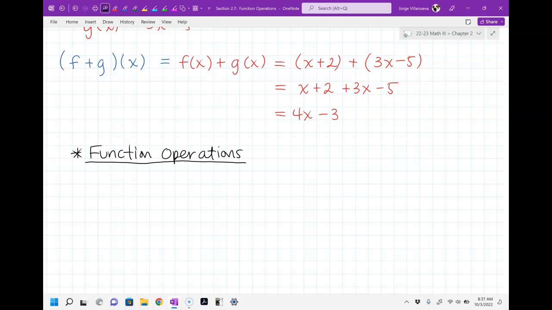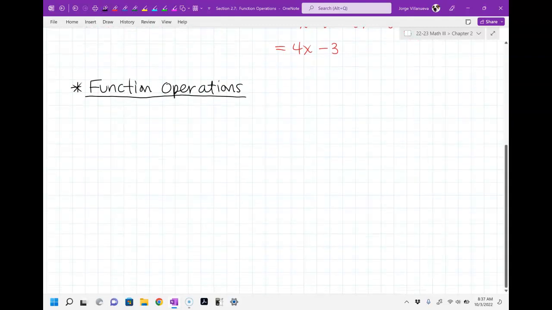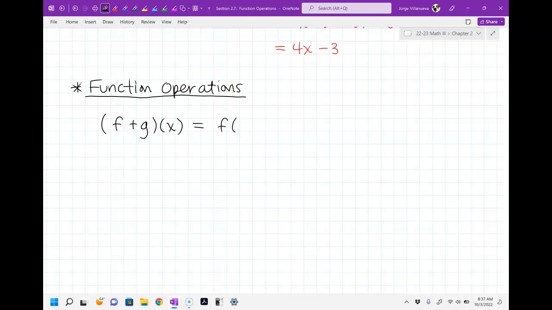So function operations. If they want you to add, you're going to see f plus g of x, which means f of x plus g of x.